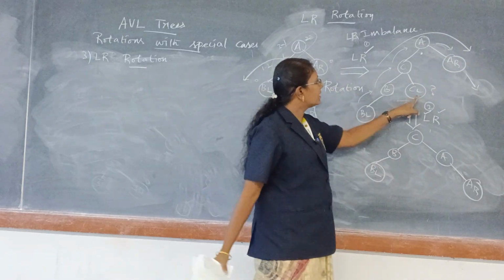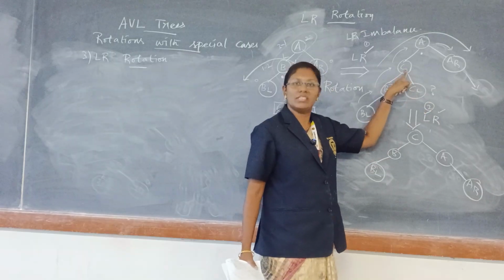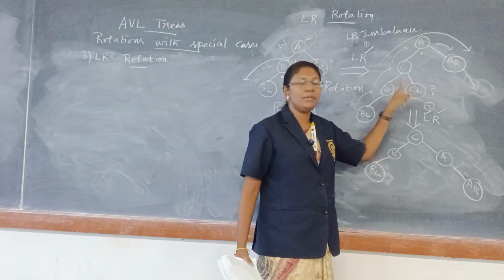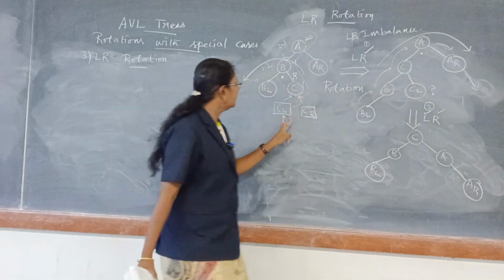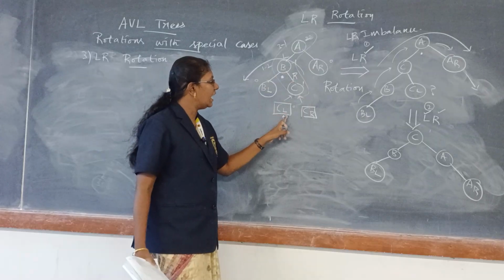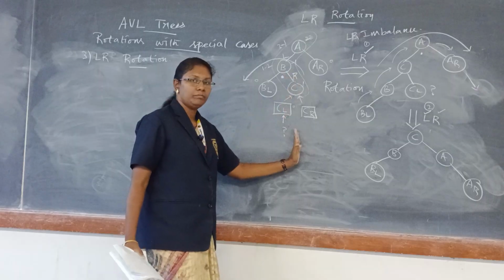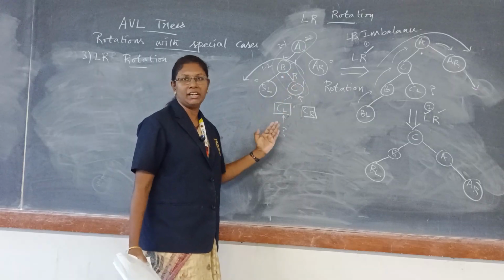Then what will happen to this CL? CL is the left child of C, so it must remain on the left side of C only. Consider this from the first structure.